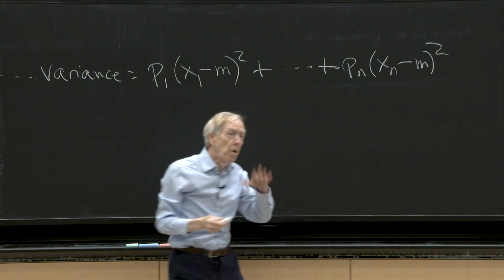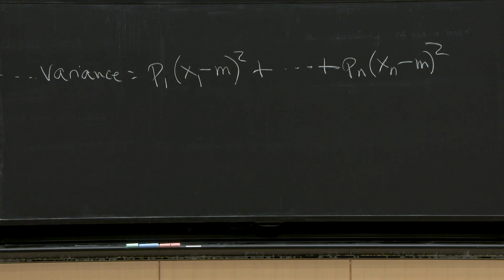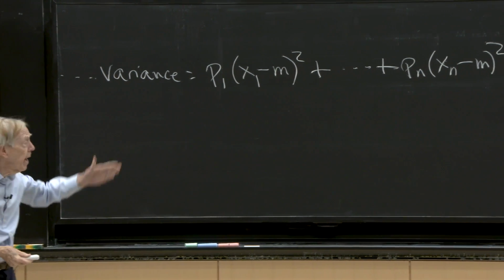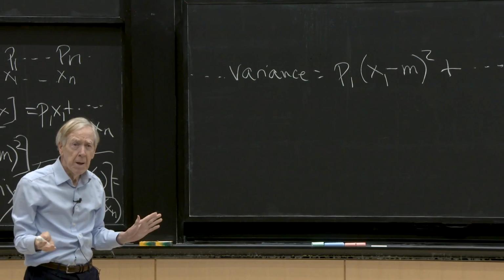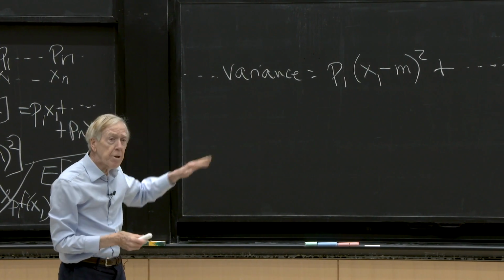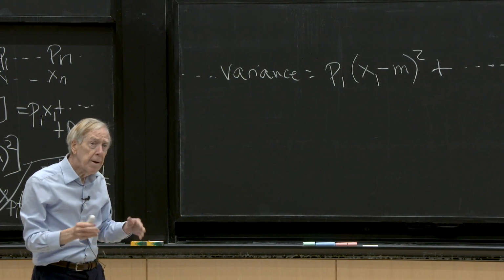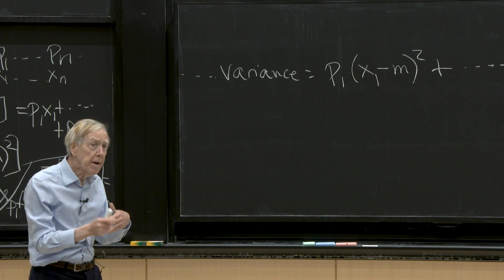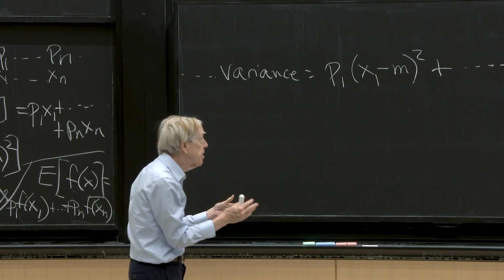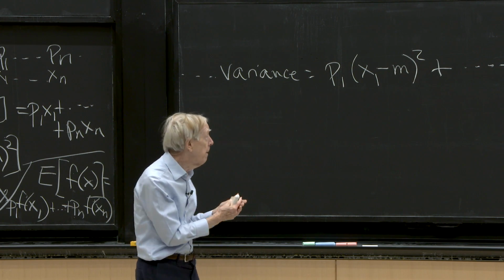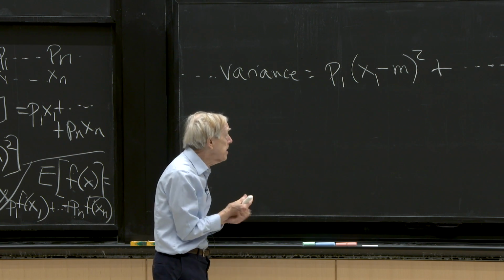And everybody should know a second expression, a second way to do that sum. If I write out those squares and combine them a little differently, I get a second expression which is really useful, often a little faster to compute.